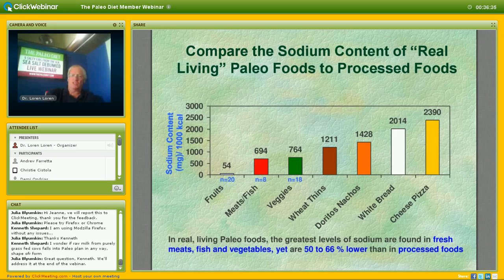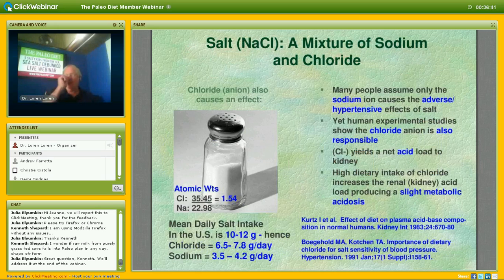Is it the sodium in salt that causes the problem, or is it the chloride, or is it both? Well, if you look at most healthcare folks and physicians, we talk about sodium so much, we don't realize that the chloride anion also is responsible for the hypertensive effects of sodium. And this has been very well documented in the scientific literature.